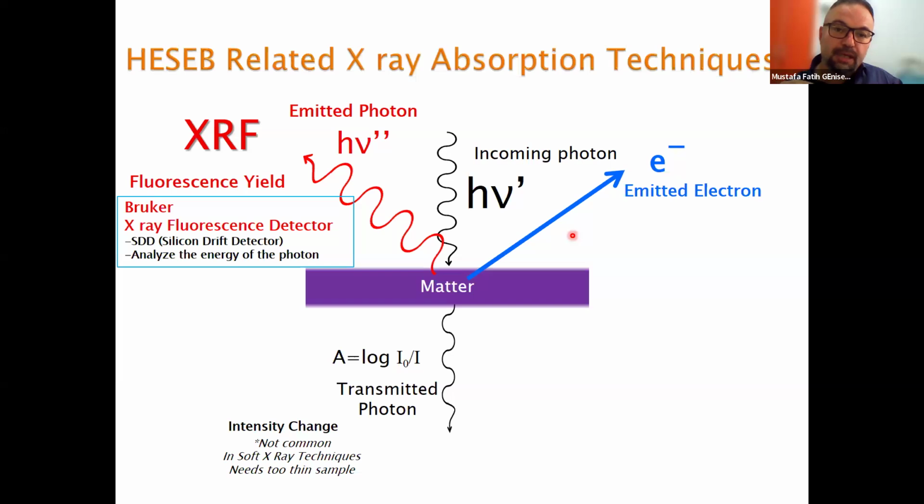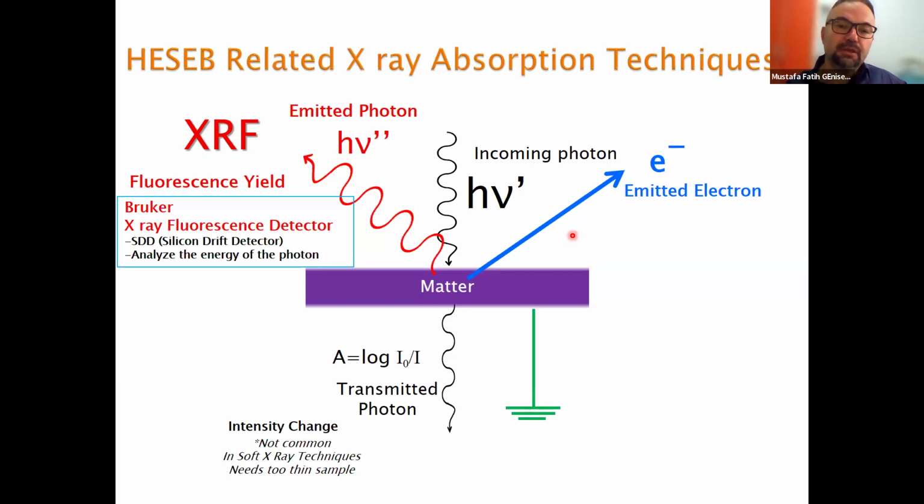Or, when soft X-ray is absorbed by the material, it will emit electrons. Again, these X-rays have the ability to ionize our sample, which means that it will emit some electrons from our material. And when electrons are emitted, our sample becomes positive.